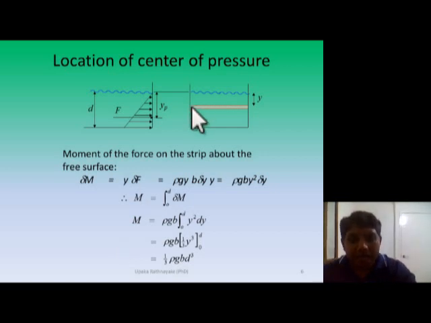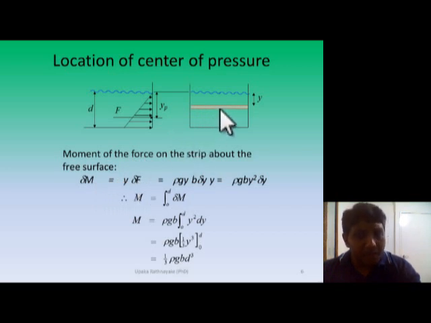Now, if you look at the moment from this delta F force over the free surface, it's going to be delta F into Y. Now we can say delta M is equal to Y delta F. What is delta F?